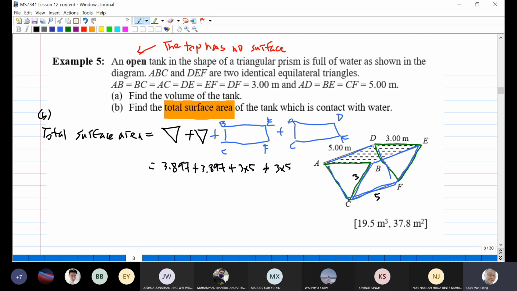Now you calculate: you get 3.897 times 2, two of them, plus 3 times 5 is 15, times 2. So you get 37.79.